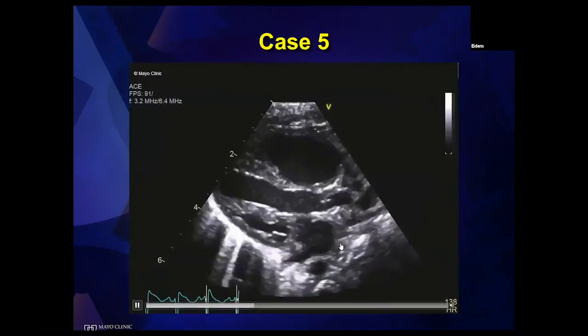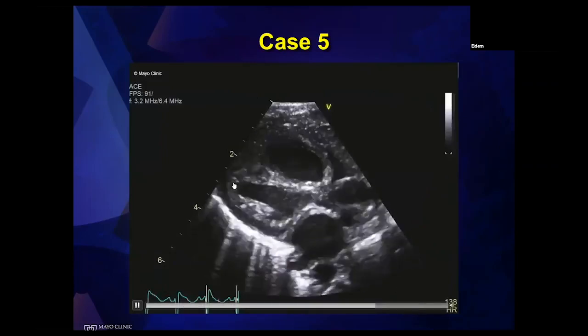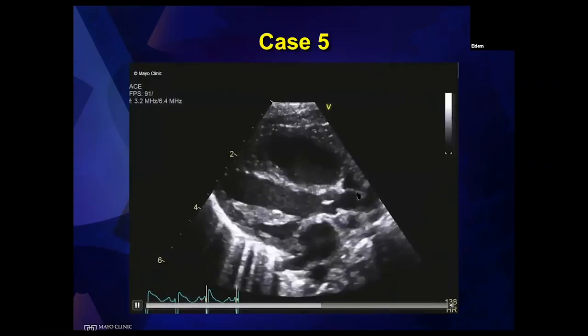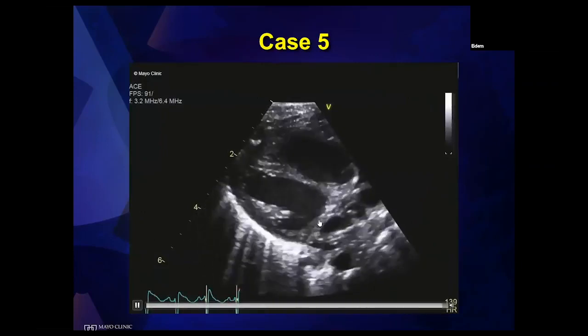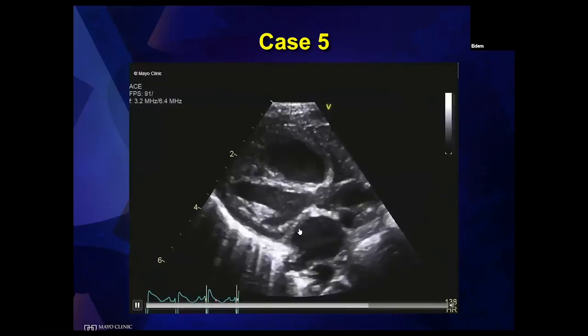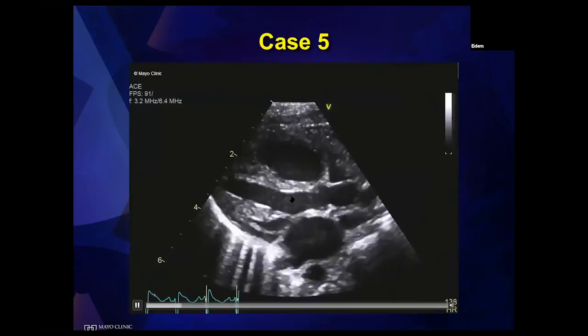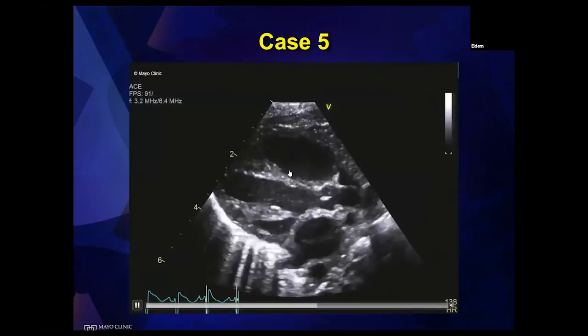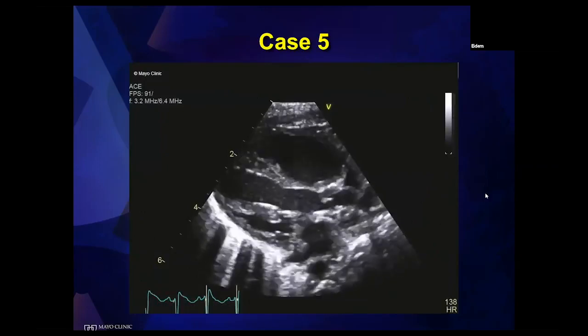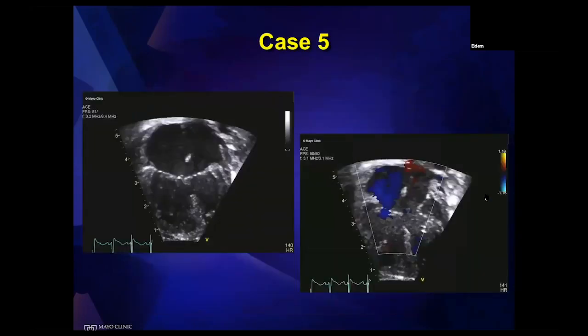Here's that long parasternal long axis view that we've seen, with the elongation or gooseneck of the left ventricular outflow tract. And notice we don't see the mitral valve leaflets in this view, because that leftward component of the common AV valve is oriented towards the ventricular septum, not towards the apex of the left ventricle.